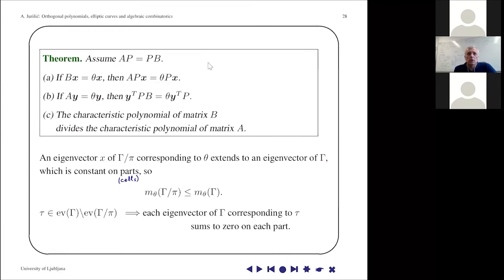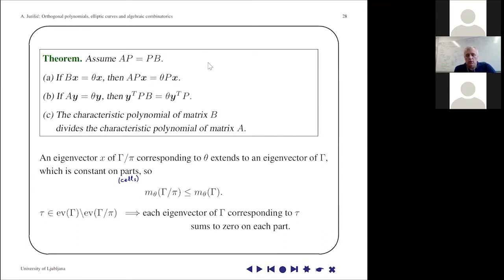There are nice connections, and so if we have an eigenvector of the quotient, we can extend it to an eigenvector of the original graph by putting the same constant on every vertex corresponding to cell C. And if we do this, then the multiplicity of the eigenvalue in the original graph is at least as much as the multiplicity in the quotient.